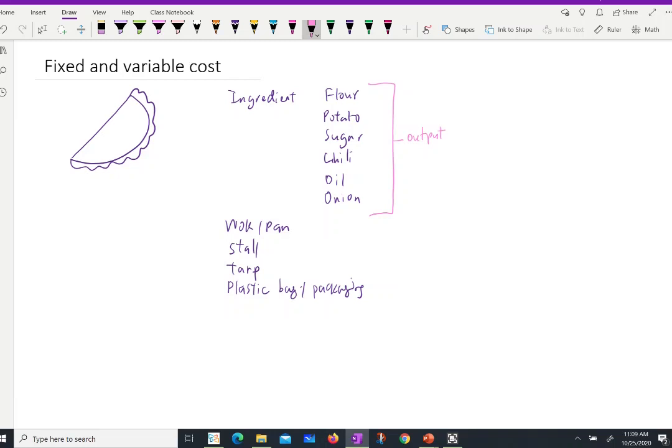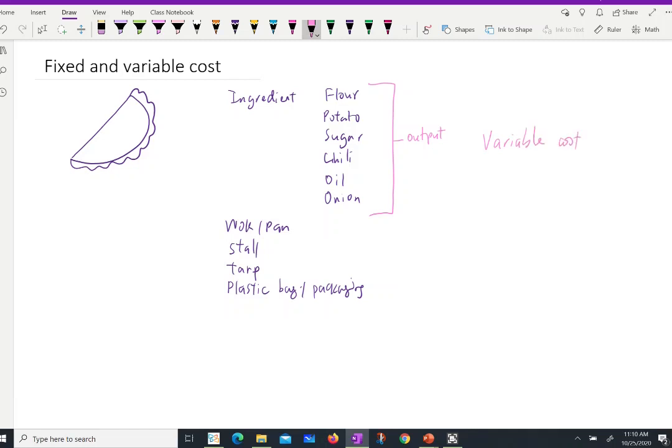So if you want to produce 100 pieces or 200 pieces, the cost you need to prepare for the ingredients is variable. It's changeable, depending on the activity or output you want to produce. So this is considered a variable cost.